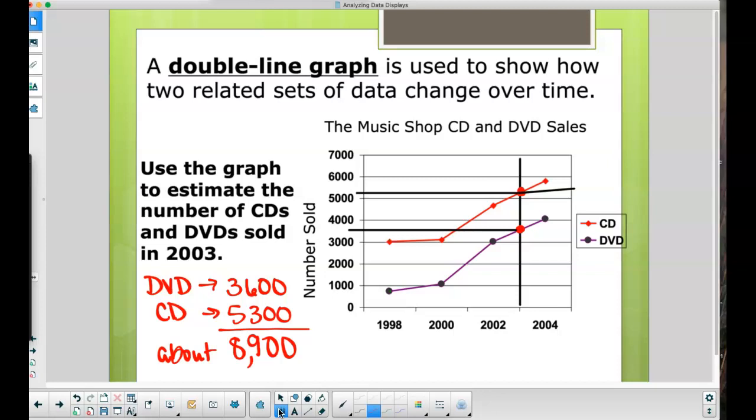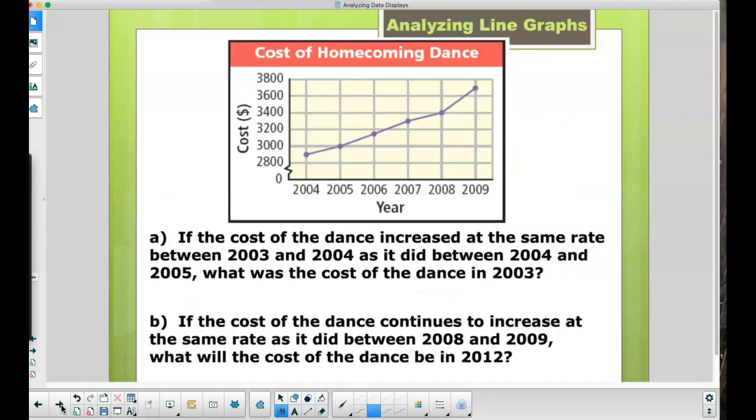Okay, last one. This one gets a little bit wordy. Here's the cost of a homecoming dance. I should have made it the cost of prom, since prom is this weekend. So if the cost of the dance increased at the same rate between 2003 and 2004 as it did between 2004 and 2005, what was the cost of the dance in 2003?